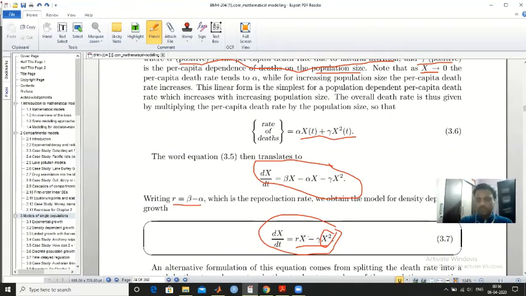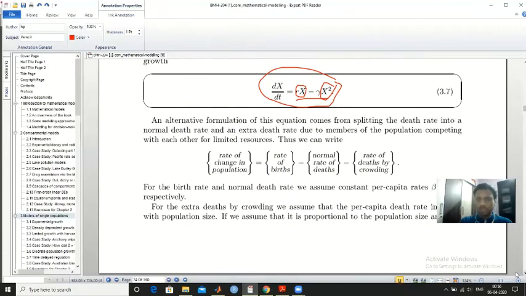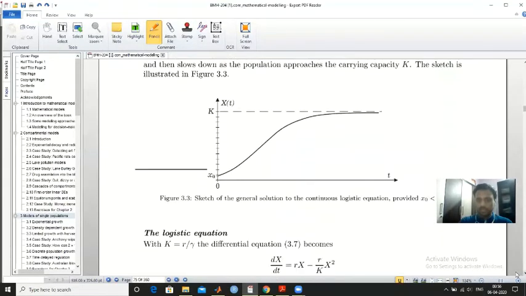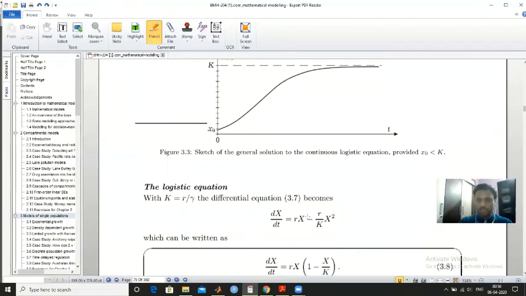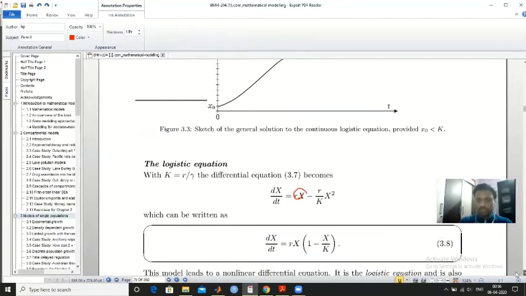If I take this term Rx common, then this equation can be written as, if you take Rx common, here will be 1 minus x, and if you take K equal to R by gamma, it's clear?